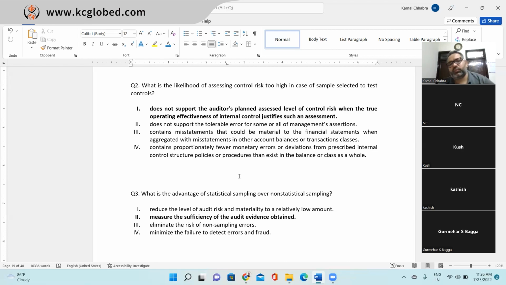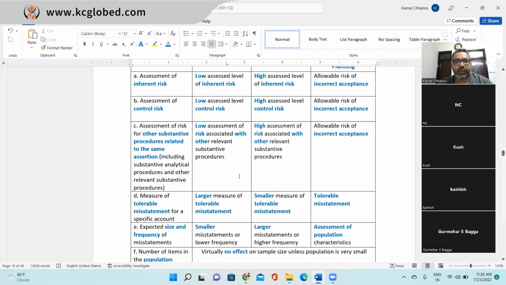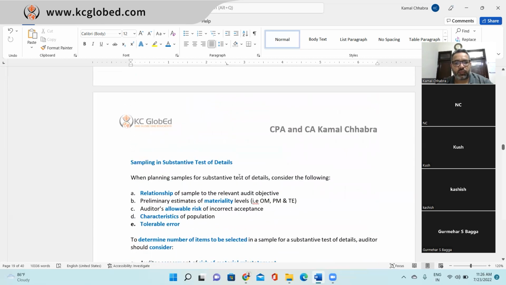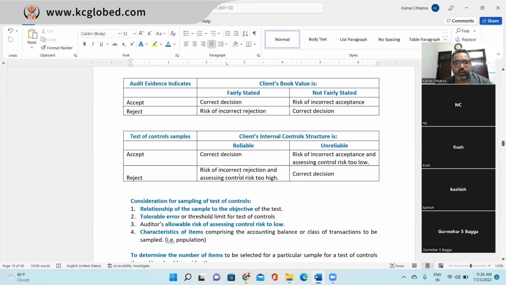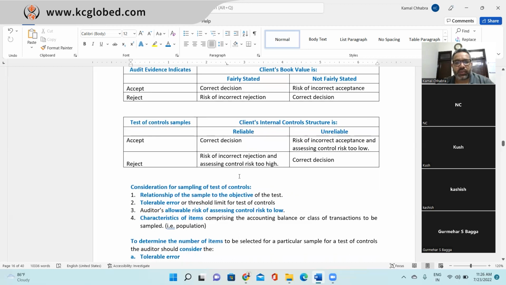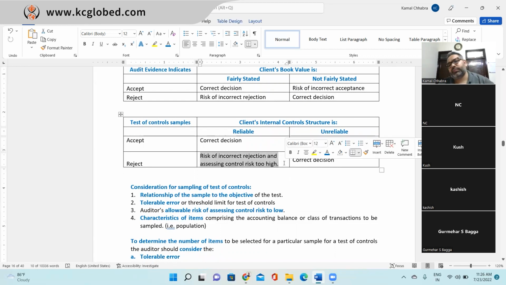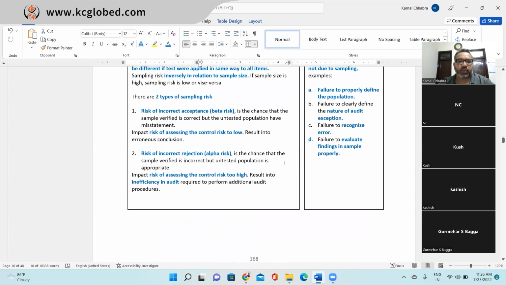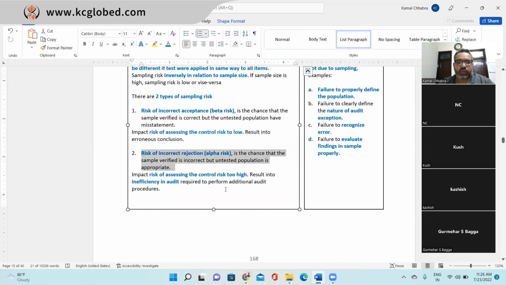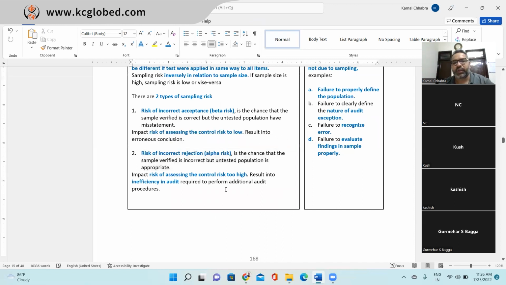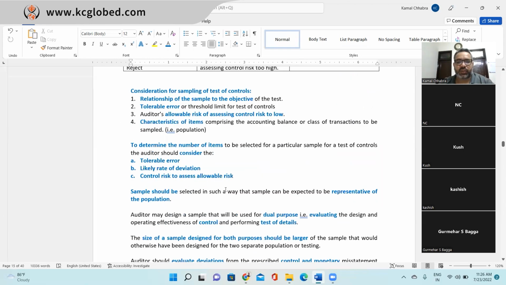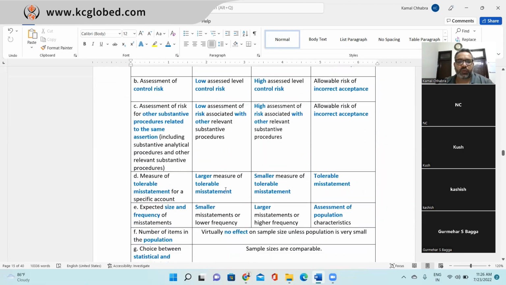If you go back here, see the risk of incorrect rejection and assessing the control risk too high. So this is the scenario. The risk of incorrect rejection is an alpha risk. There's a chance that the sample verified is incorrect, but the untested population is appropriate. So which will be the right answer?